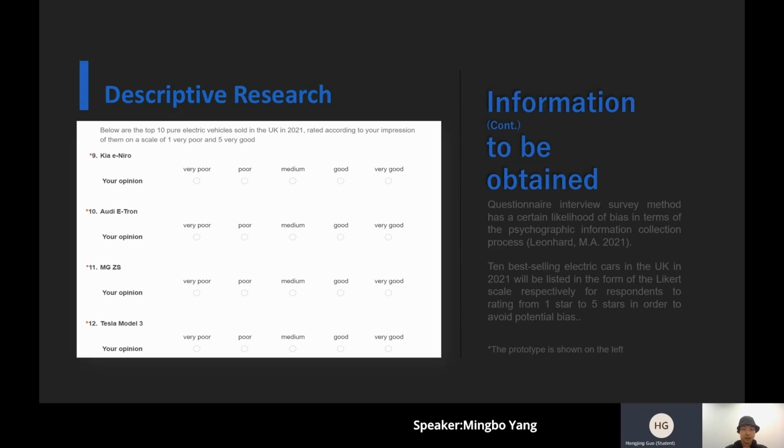So the 10 best-selling electric cars in the UK in 2021 were listed in the form of a Likert scale for the respondents to rate, from 1 star to 5 stars. Based on this, BYD can analyze the best-rated car and deduce customer preference.